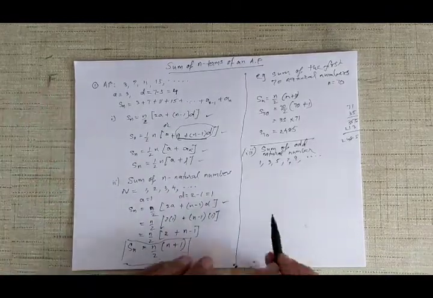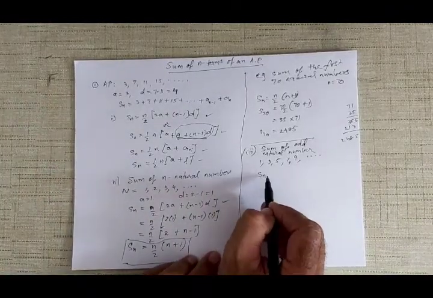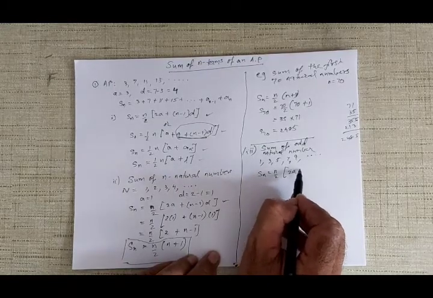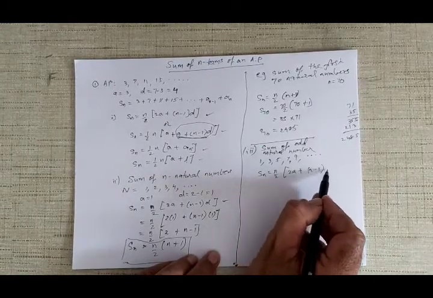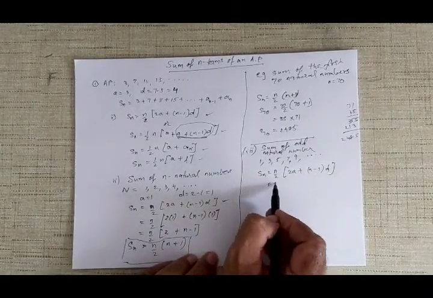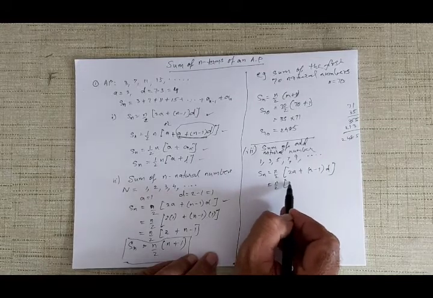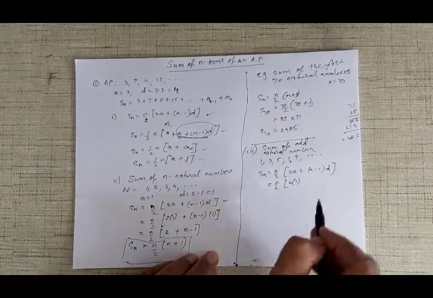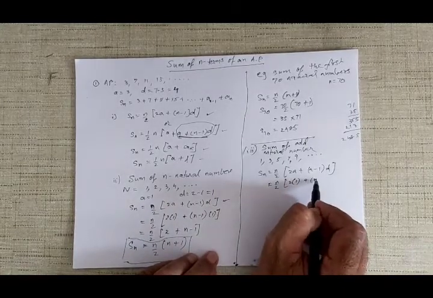Alright, so now if I apply the formula, S of n is equal to n by 2 into bracket 2a plus n minus 1 into d. Now S of n is n by 2 into bracket 2 into a. A is the first term. First term is 1. Plus n minus 1, n we don't know.